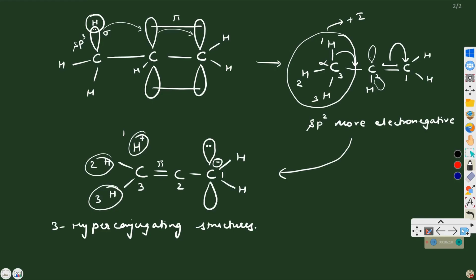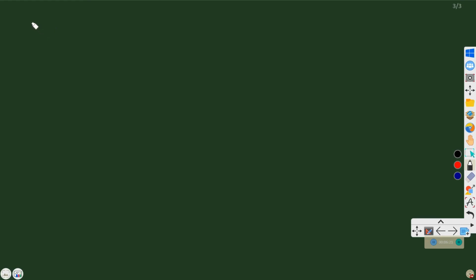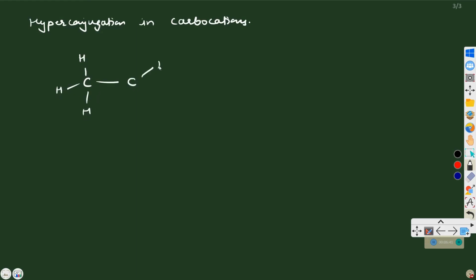It is also possible to have the hyperconjugation effect in carbocations. Hyperconjugation in carbocations: we take the example of ethyl carbocation. Here the positively charged carbon is sp2 hybridized and it has a vacant p orbital.